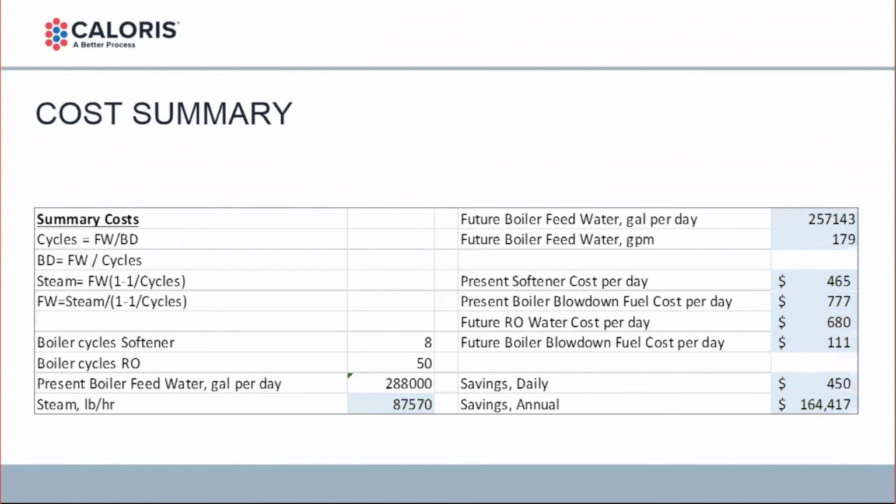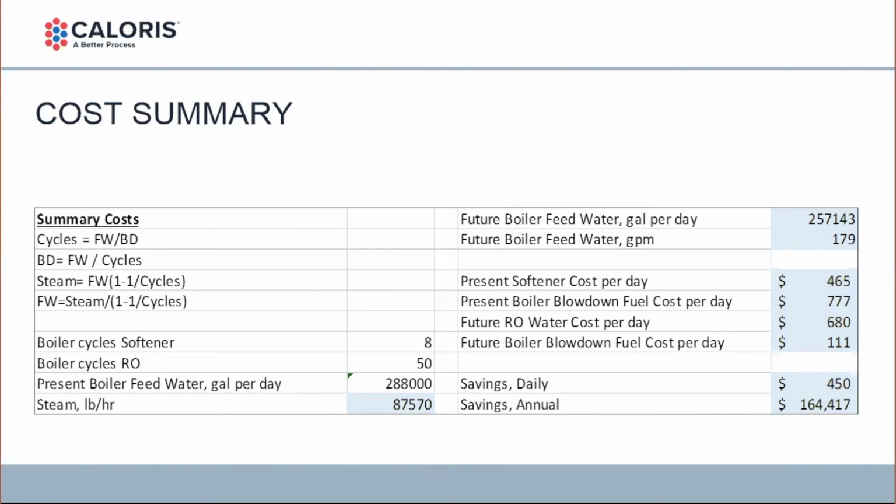So now the summary, and we'll use those formulas we have on the left to figure out what our future feed water is going to be, going from boiler cycles on the softener of 8 to cycles on the RO of 50. Presently we're using 288,000 gallons per day of feed water.